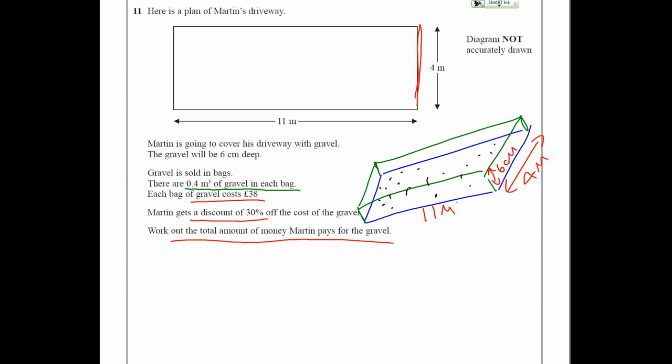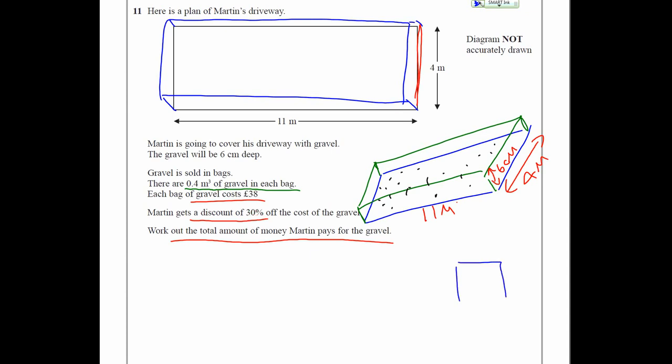The exam has only given you the 2D version. We've made it the 3D version. If it was being really nice, it would have given you this as a question that you might have seen like this for the driveway. But it's not. It's helping you to think about it yourself.